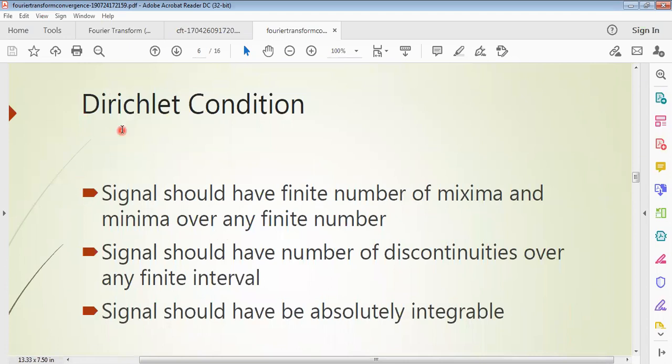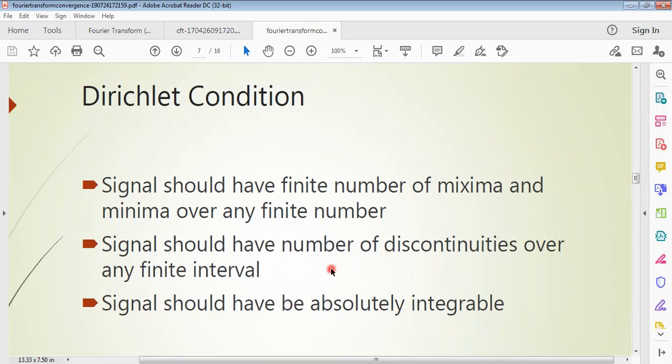Now the Dirichlet conditions. We studied them in Fourier series and used them to solve many examples. To summarize the Dirichlet conditions: the signal should have a finite number of maxima and minima over any finite interval. The signal should have a finite number of discontinuities over any finite interval; a signal may not be a continuous function.